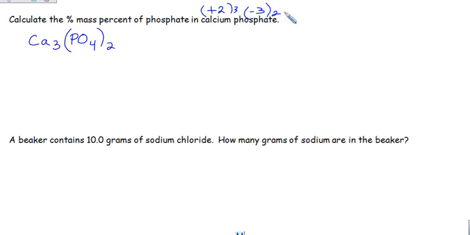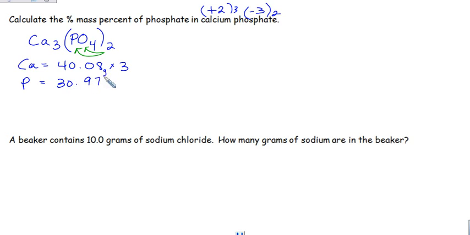When I plug this in to get my molar mass, here's kind of what I'm thinking. In my calculator, I'm going to take calcium's mass, 40.08 times 3. Then I do need to distribute this 2 so that there will be 2 phosphorus and 8 oxygen. Phosphorus, 30.97.